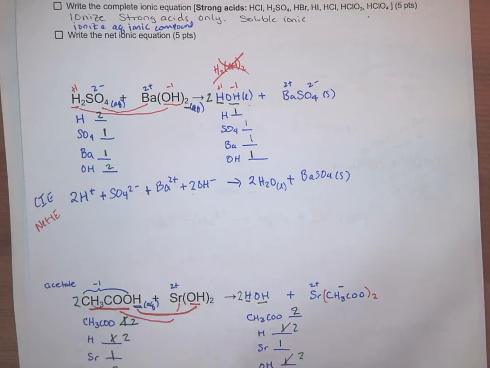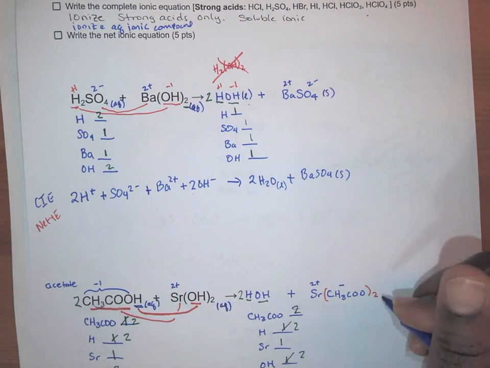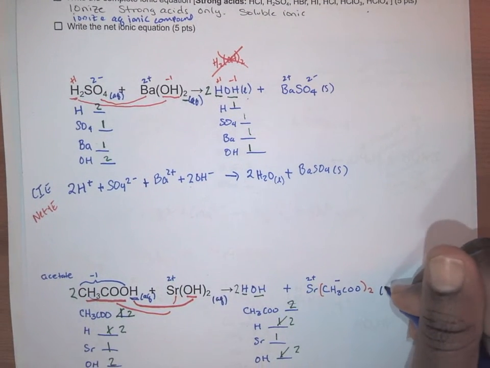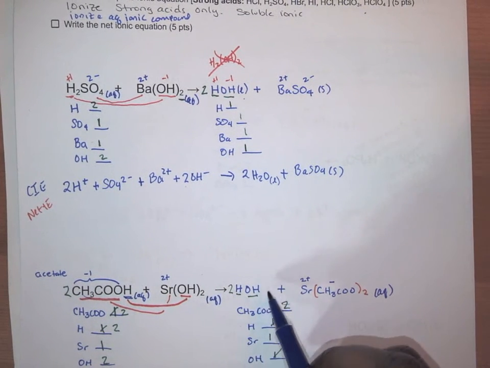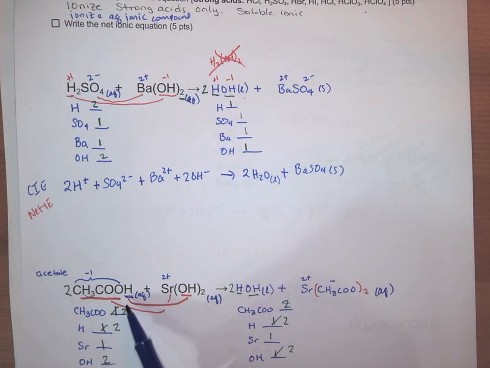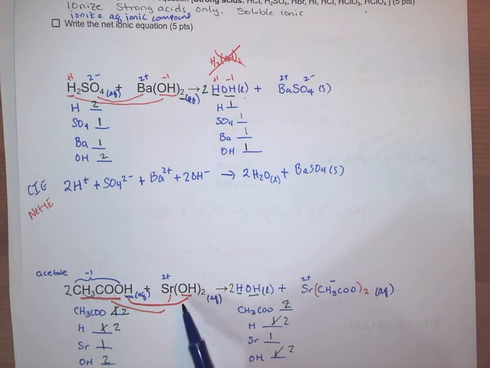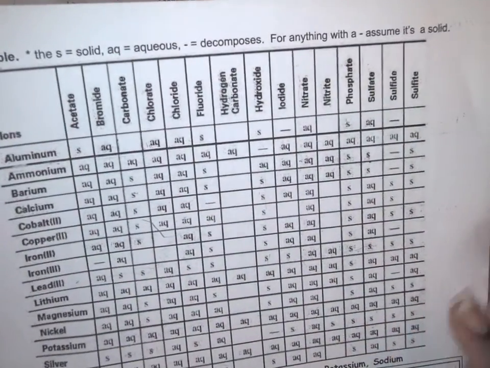For the base and the ionic compound, we look on this chart here, and strontium hydroxide is aqueous, and so is strontium acetate. And water is always a liquid. So water is always a liquid, acids are always aqueous, but that means nothing. And the base and the salt, they're ionic compounds, so you figure that out from this list.